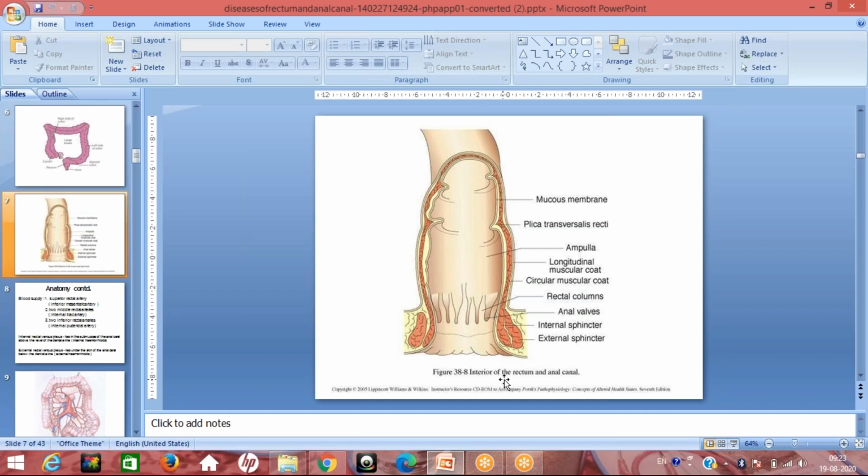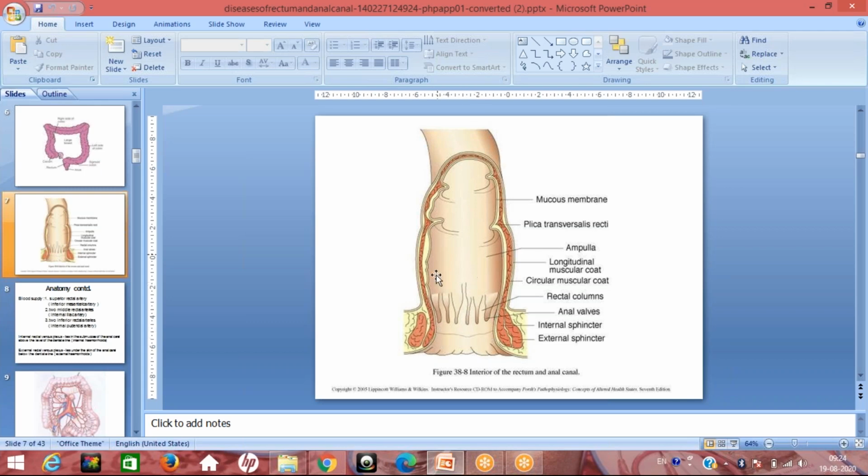Coming to the clinical importance: carcinomas which arise in the distalmost part of the anal canal, close to the sphincter, make sphincter salvaging difficult, and mostly they proceed with abdominoperineal resection. You need to remember one point: the distalmost extension of the carcinoma and its position relative to the sphincter, whether the sphincters are involved or not.